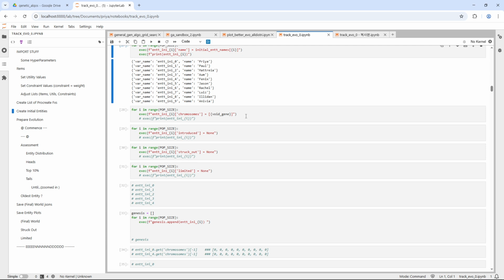It starts off like that. And then I put in when they were introduced, when they were struck out, never, not just yet, and limited, not just yet. Introduced is none because they're not really introduced within generation 0. They started at generation 0, so that's the difference.